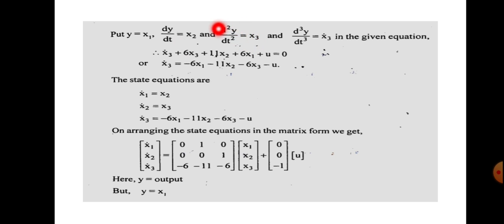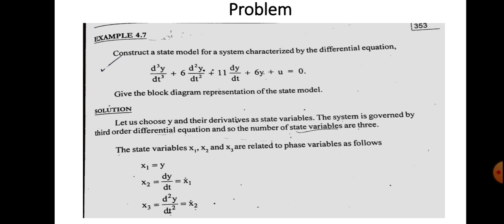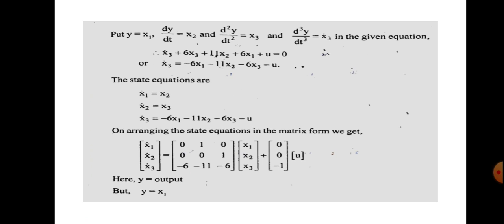Similarly, this term can be expressed as x2 dot, this is equal to x1 dot, right? So from the differential equation, what is the first term? The first term is d cube y by dt cube. That will be equal to x3 dot, because x3 equal to d square y by dt square. So d cube y by dt cube will be equal to x3 dot.